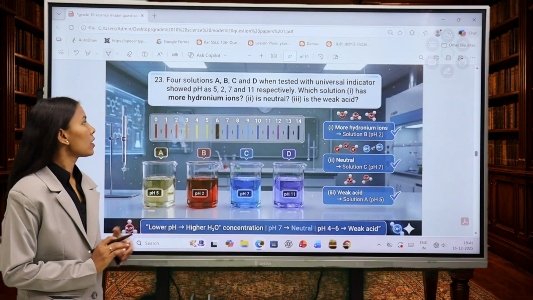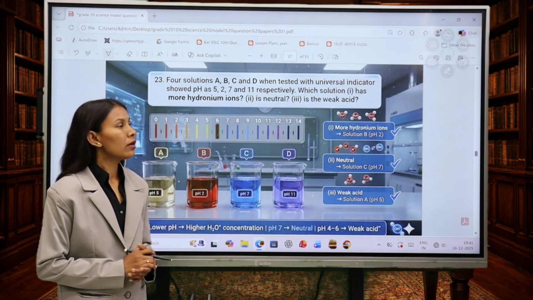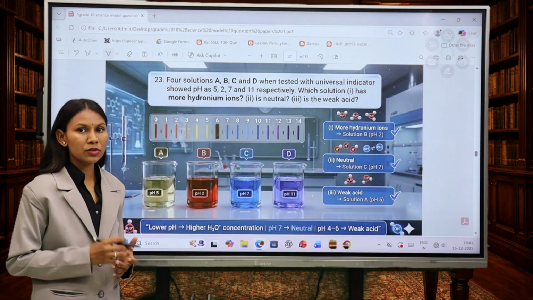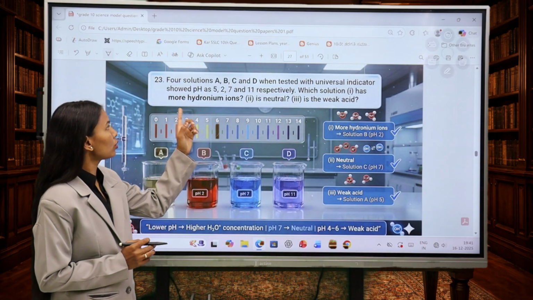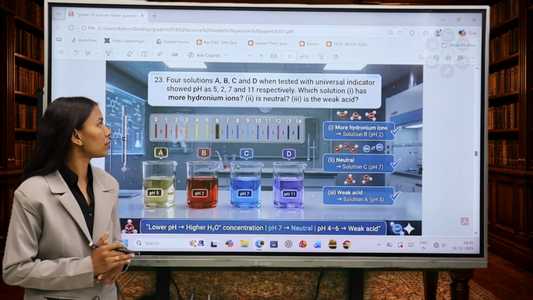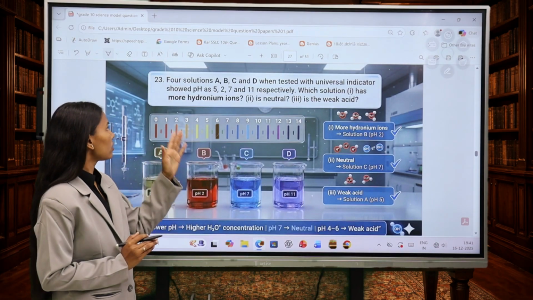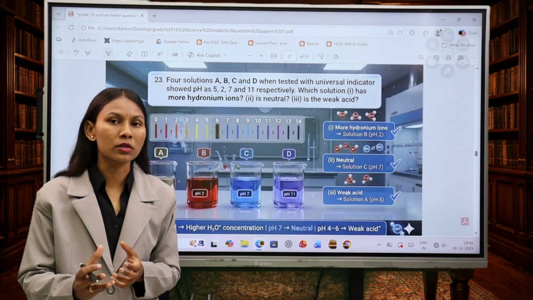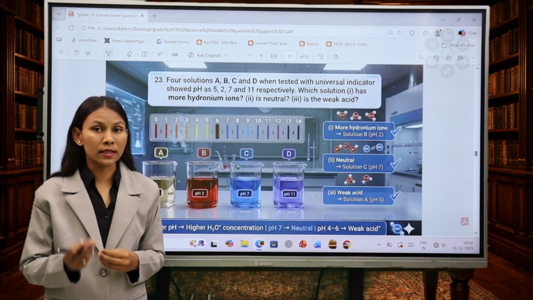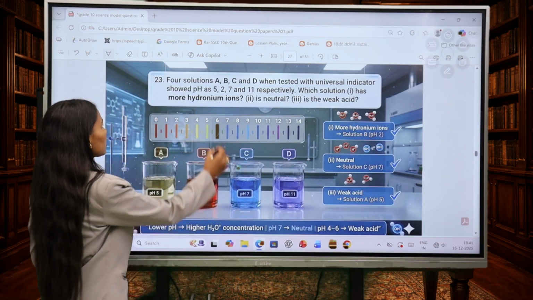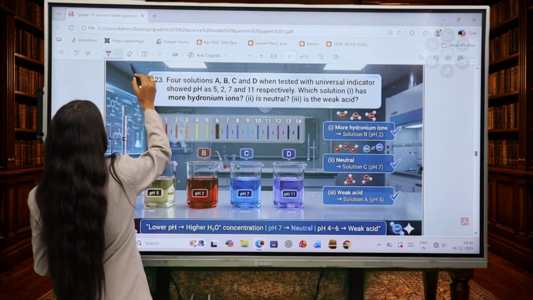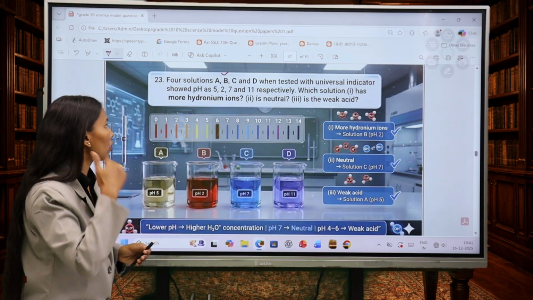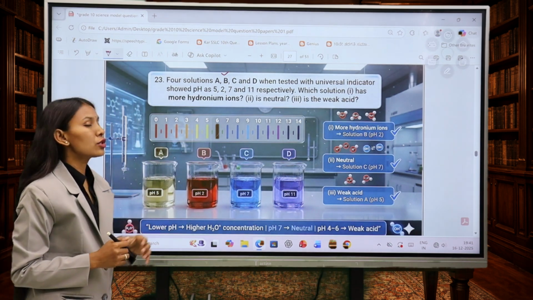Question 23. Four solutions A, B, C and D, when tested with a universal indicator, showed pH ranging as 5, 2, 7 and 11 respectively. Which solution has more hydronium ions? More hydronium ions means more acidic in nature. Here we can say that solution B has more hydronium ions. Which is the neutral solution?